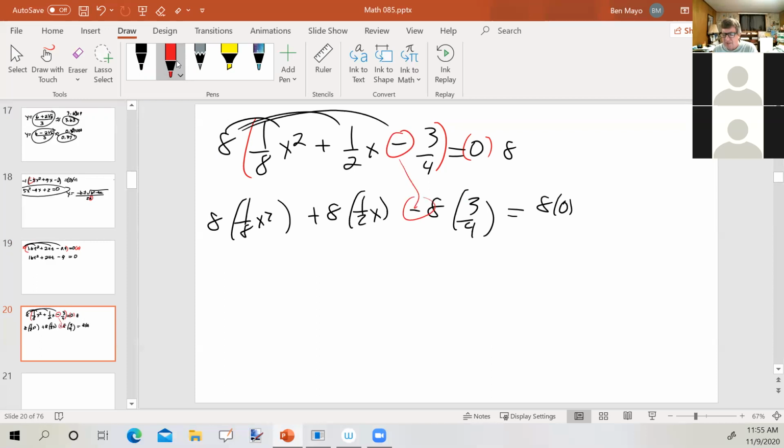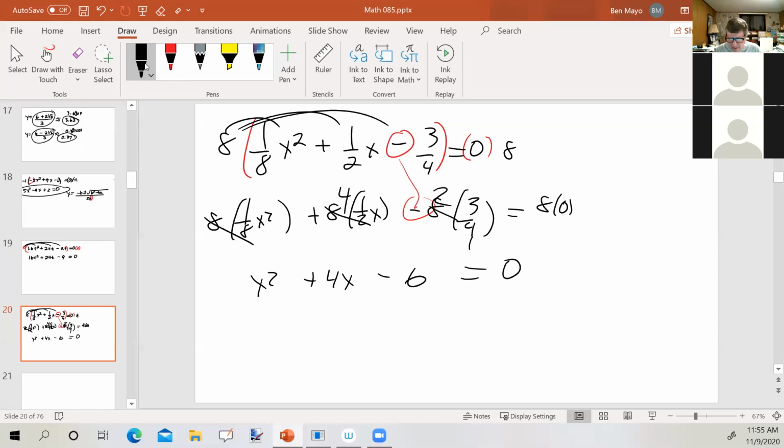I could have written plus 8 times -3/4. Ultimately, I'll end up with the same thing, and that is x squared plus 4x minus 6 equals 0. So now A is 1, B is 4, and C is -6. You really, really, really don't want to use fractions in the quadratic formula if you can help it. It just gets really ugly really fast. So if you've got an equation like this, I would highly recommend you clear the fractions before you plug the numbers into the quadratic formula.